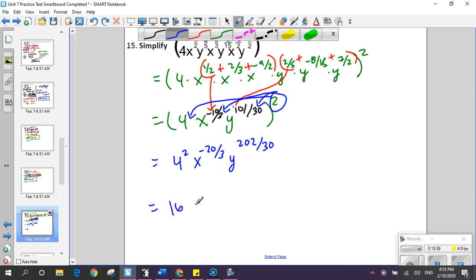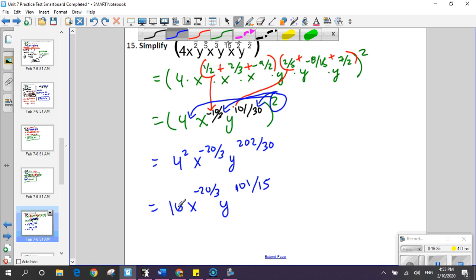Negative 20 over 3 doesn't reduce, so it stays as x to the negative 20 over 3. However, y can reduce. 202 over 30, they're both even, so you can divide them both by 2. And when you divide them both by 2, you're going to get what we had in the first place, which was 101. I'm sorry, no, we didn't have that in the first place. It's 101 over 15.